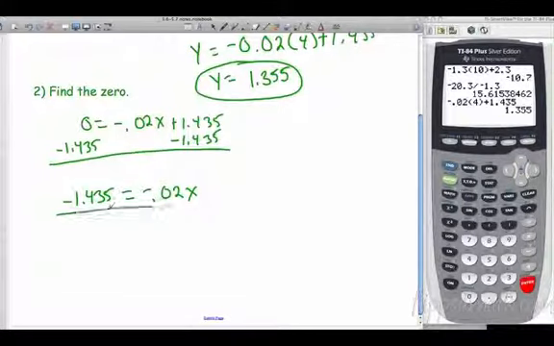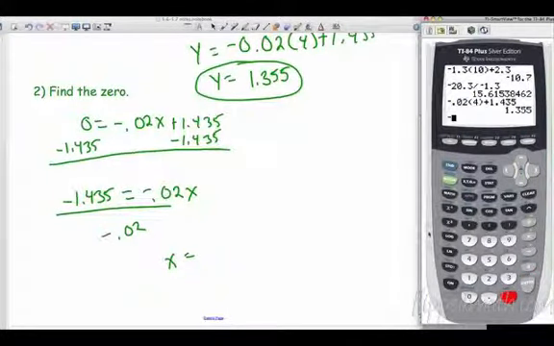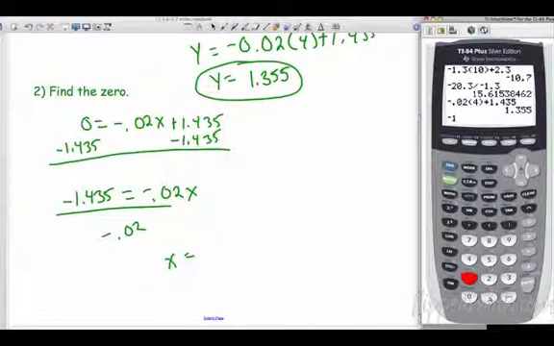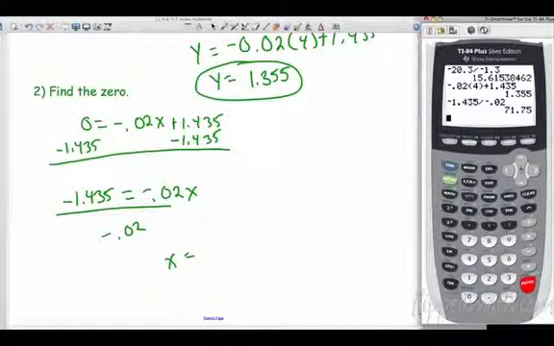Divide both sides by negative 0.02. That one I don't know off the top of my head. Negative 1.435 divided by negative 0.02 gives me 71.75.